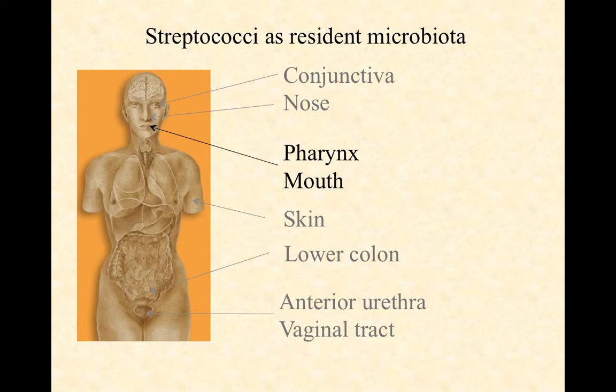More often in the lower colon we find the enterococci. They're gut cousins. And then on occasion they can be found in the female urogenital tract as well. But primarily when we think streptococci in the human body, think oropharynx.